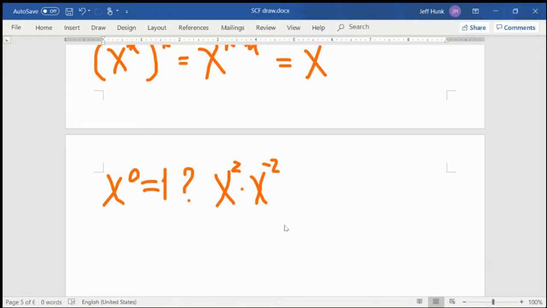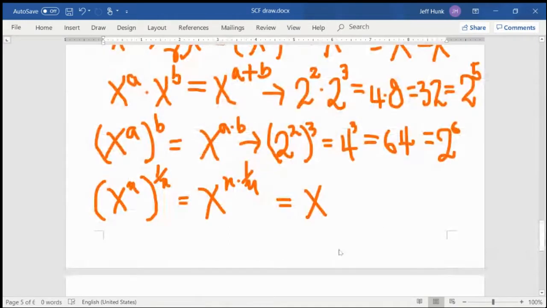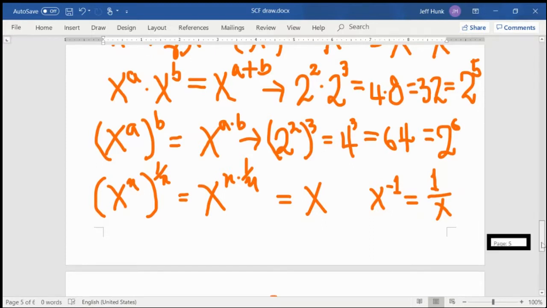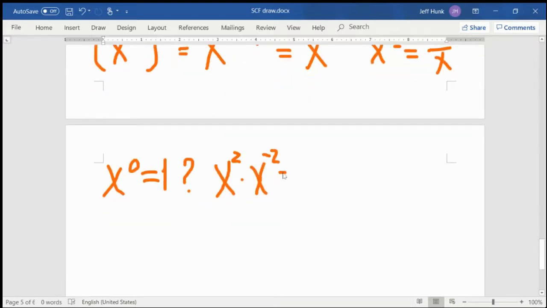By the way, you all know what x to the negative 1 is. It's the reciprocal, right? It's 1 over x. That means x to the negative 2 is 1 over x squared.